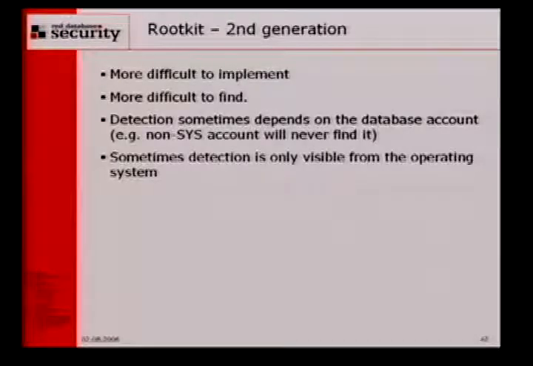Second generation. The second generation is a little bit more difficult to implement, but also more difficult to find. Sometimes you need special accounts to be able to find these modifications. Because in Oracle you have different groups, and only the sys account is able to see all the data and all the information unmodified.